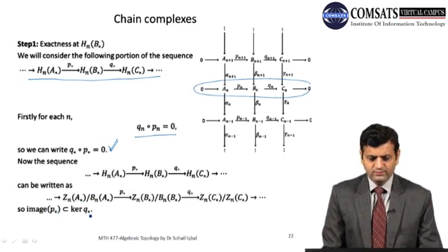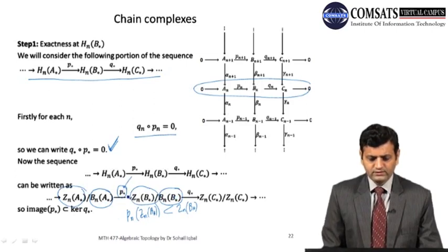This happens due to this fact. How do we define this P star? We apply Pn on Zn A star, and this is contained in Zn B star. Similarly, we apply Pn on Bn A star, and this is contained in Bn B star, and that's how we define P star.